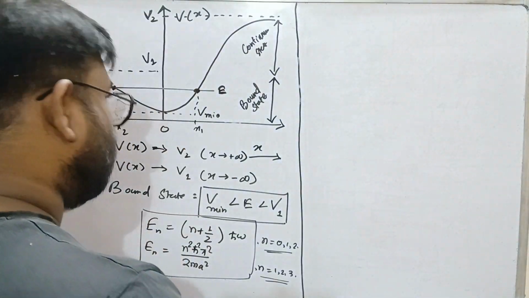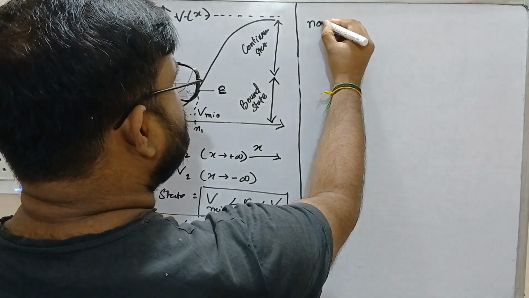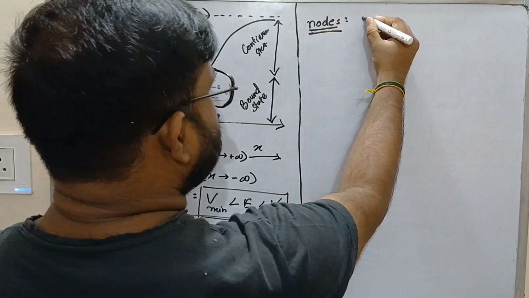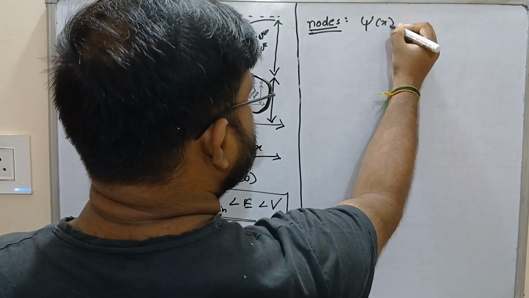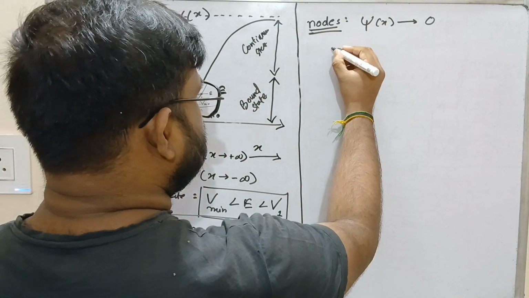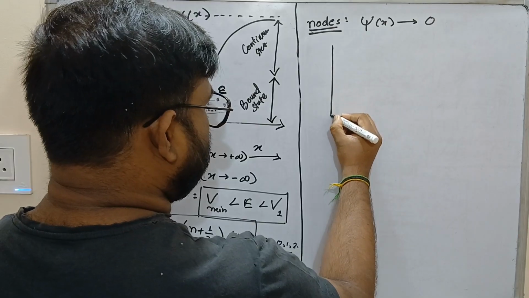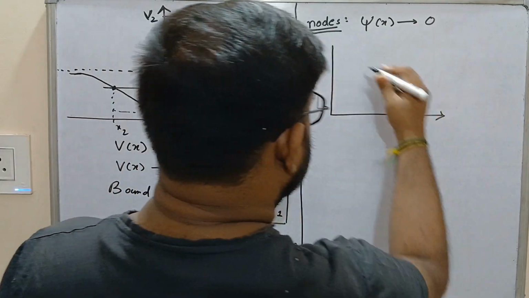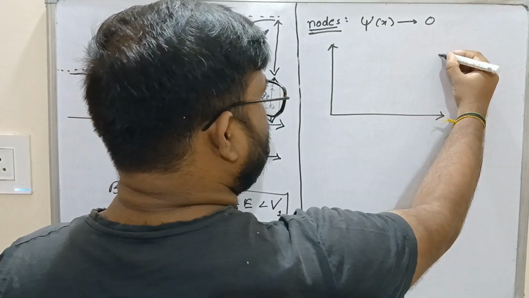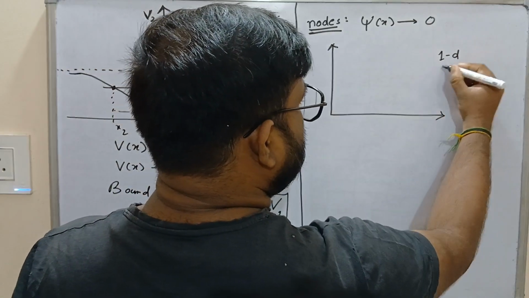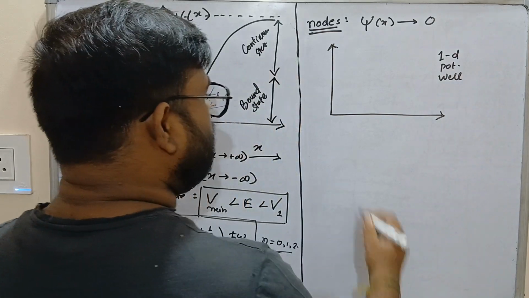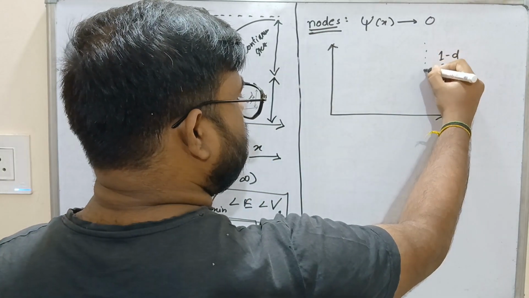If you don't know what nodes mean, a node is a point where the wave function goes to 0. Let's say I'm doing this for a one-dimensional potential well. This is our limit.